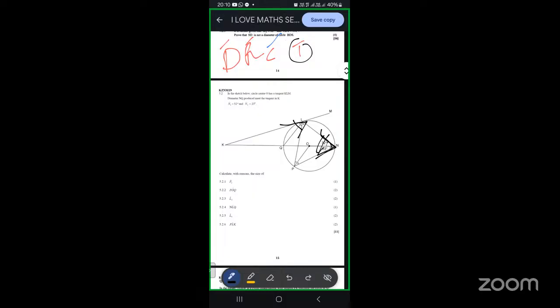Tangent. What is it doing? I only heard the word tangent in your reasoning, so that reasoning is incomplete. What does the tangent do?